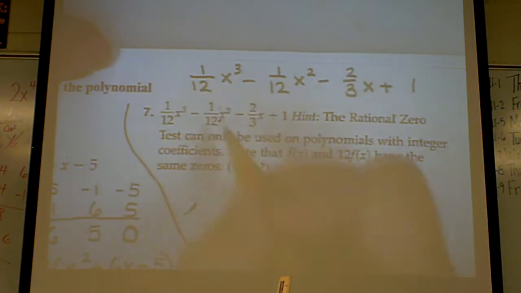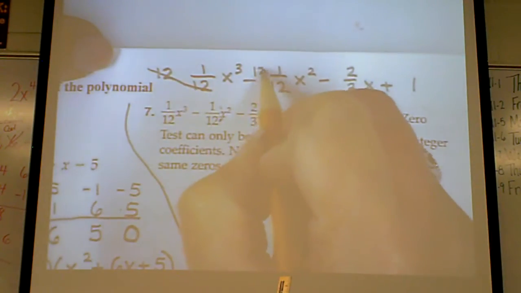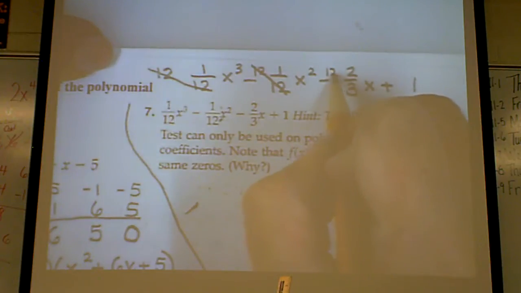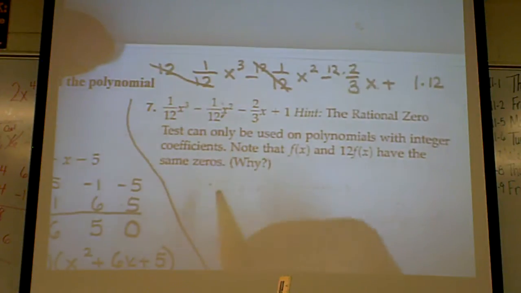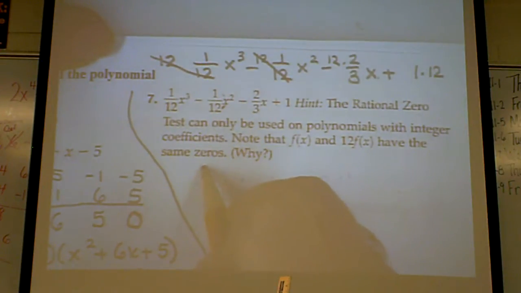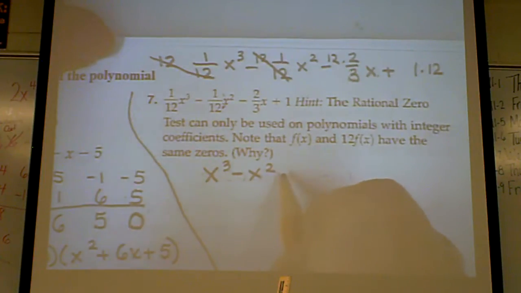We're gonna multiply everything by 12. 3 goes into 12 4 times, so you're gonna have 8x here, and 12 here. So what's your new problem? X squared minus 8x plus 12.